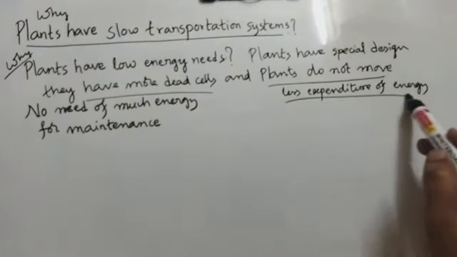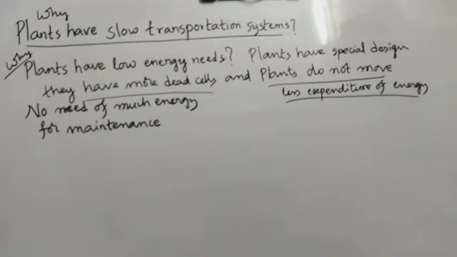Because of these two reasons, plants have low energy needs. Because plants have low energy needs, plants have slow transportation systems. Is that clear?